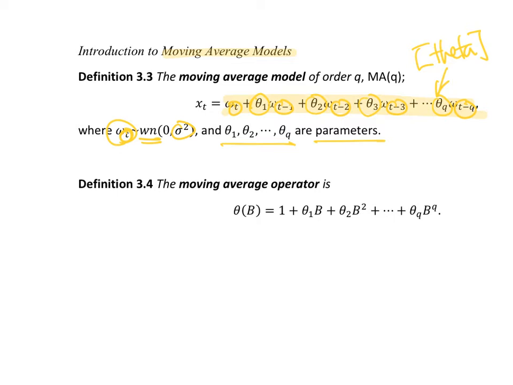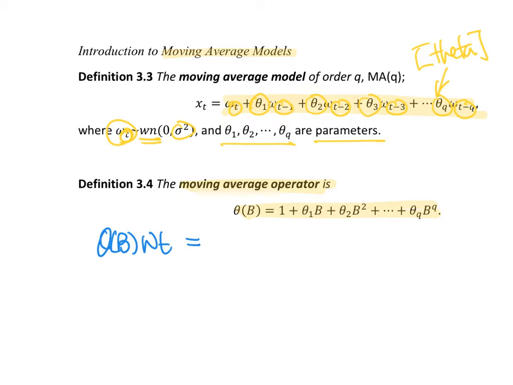So now we are going to use the MA operator. It looks like this. Simply we multiply theta B with the white noise.